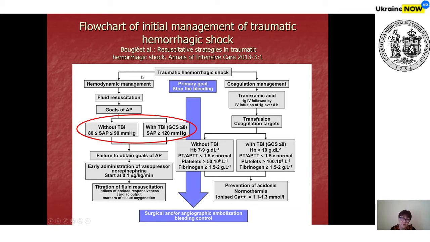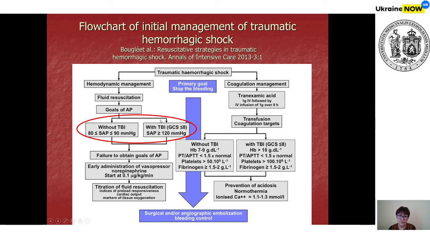On one side, hemodynamic management, and on the other side, coagulation management. So, hemodynamic management, fluid resuscitation, aiming for the goal level of systolic blood pressure in patients without traumatic brain injury. Systolic blood pressure you must maintain at the level from 80 up to 90 millimeters of mercury.